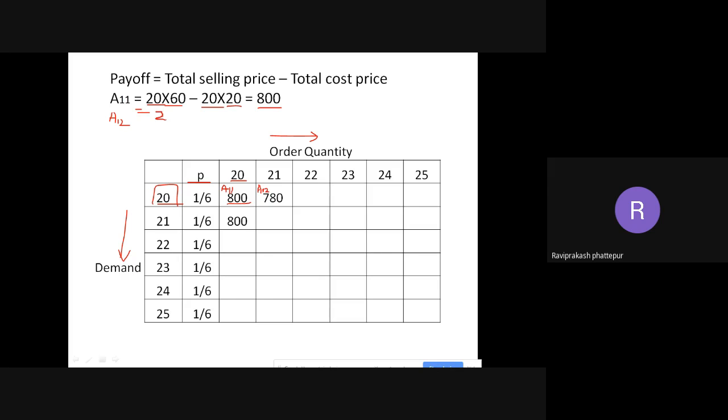So it is 20 into 60, minus the cost price. I'm buying 21 quantities, so it will be 21 into 20 rupees. Calculate and tell me the value.